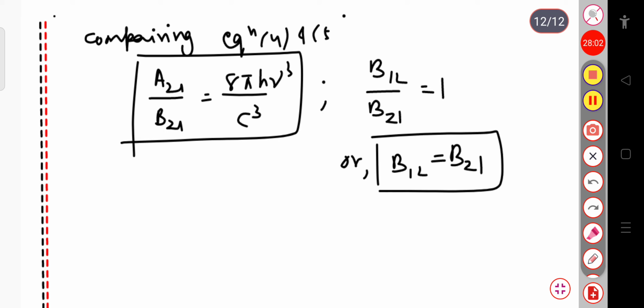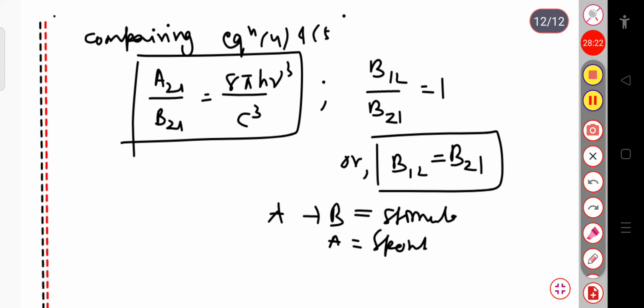B12 is the upward transition, which means stimulated absorption. 1, 2 represents upward, 2, 1 means downward, and B is for the stimulated one, and A represents the spontaneous. Since B12 equals B21, the stimulated absorption rate will be equal to the stimulated emission.